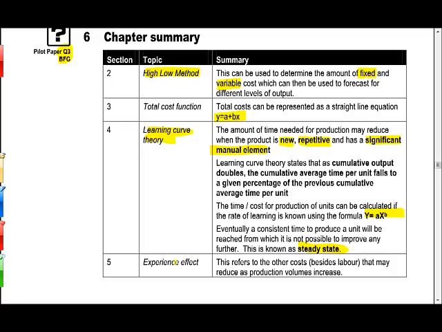Final thing then is that the experience effect is when learning curve theory is applied to anything other than labour. The calculations then are quite tricky initially with the learning curves, so it's worth working back through the lecture examples and questions, because once you work out how to do these and make sure you're happy with them, they're quite methodical if tested in the exam.